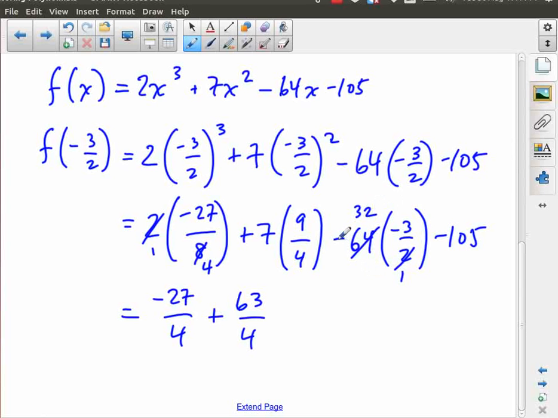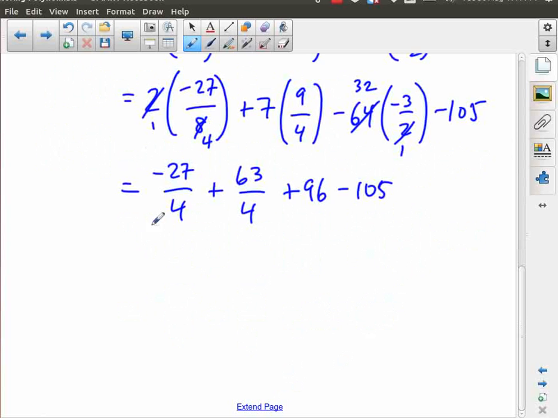So this gives me negative 32 times negative 3, which is equal to positive 96, minus 105. Now, since I've already got things working out with the fractions here, I might as well go ahead and evaluate this first. So that works out to be positive 36 over 4 here. And then 96 minus 105 is equal to subtract 9.